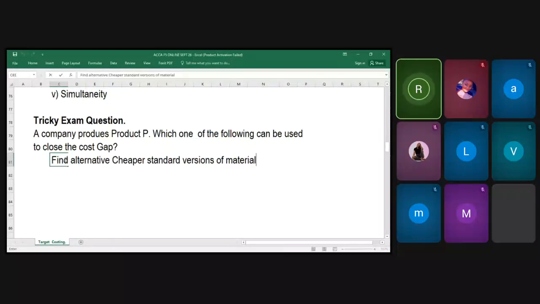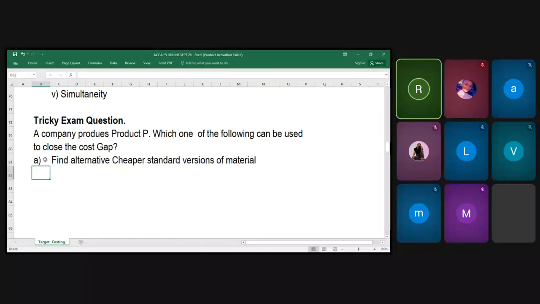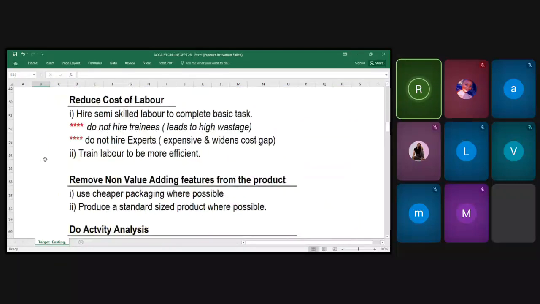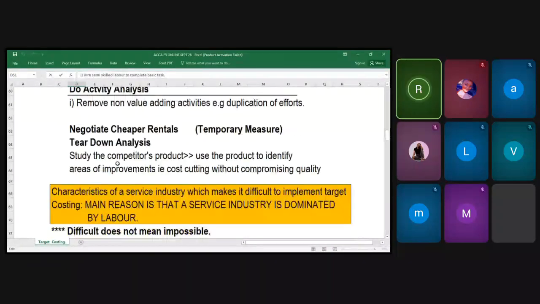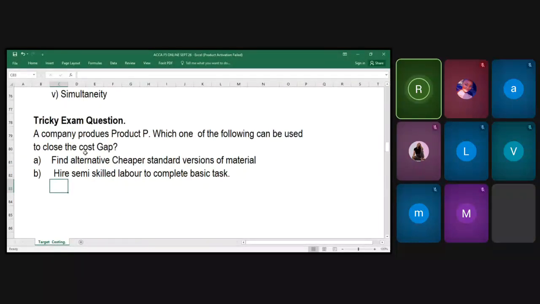Answer A, that's my answer, A. Then B, I'm going to copy something that we also agree is correct. Copy and paste.